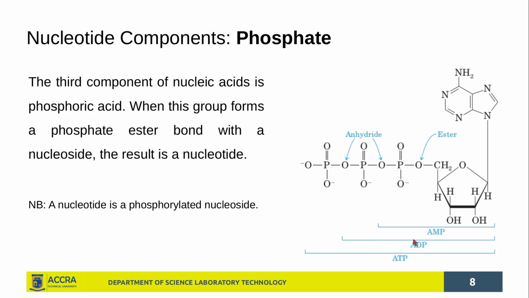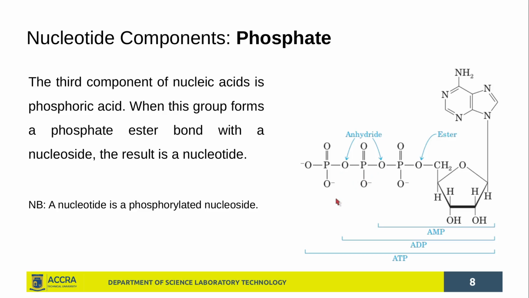Now, the diphosphates and the triphosphates are some form of energy, or some act as secondary messengers, activators of enzymes. But in nucleic acids, the nucleotides are monophosphates. They have only one phosphate group on them. And of course, this phosphate group is coming from phosphoric acid.